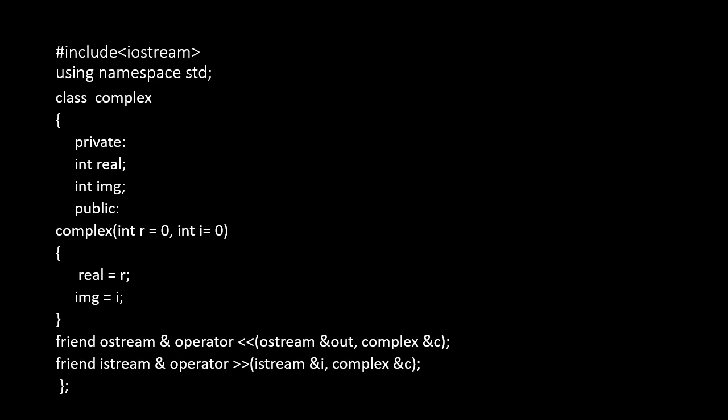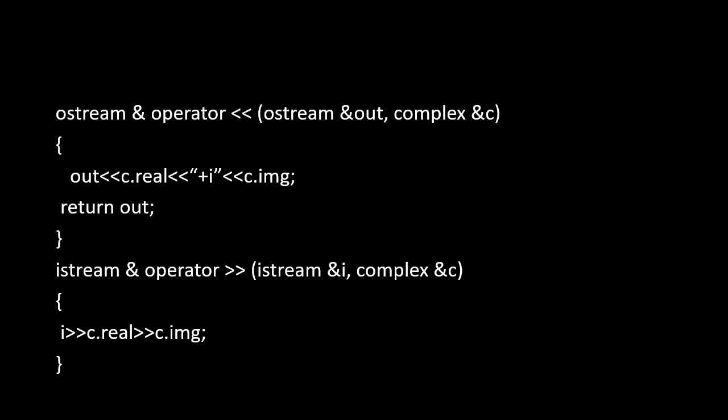Here I have taken a class complex with private members real and imaginary, and public members a default argument constructor and two friend functions, one for inserting data and the other for extracting data. ostream and operator<<, and the parameters passed are ostream out and complex C. This function is written to display a complex number. istream and operator>>, and the parameters passed are istream in and complex C. This function is written to take input of the real and imaginary part.